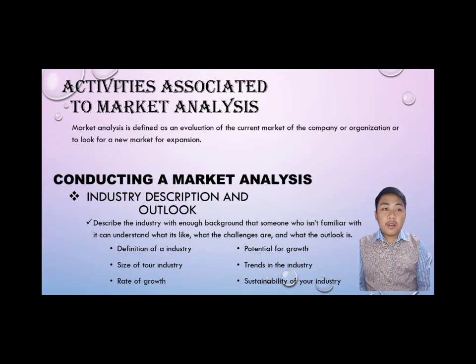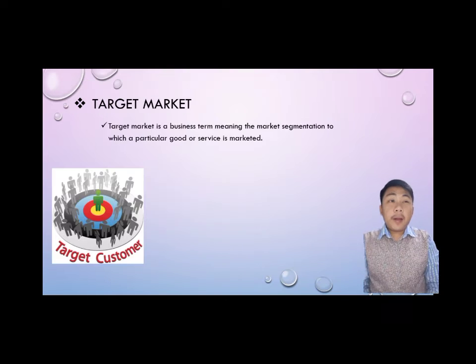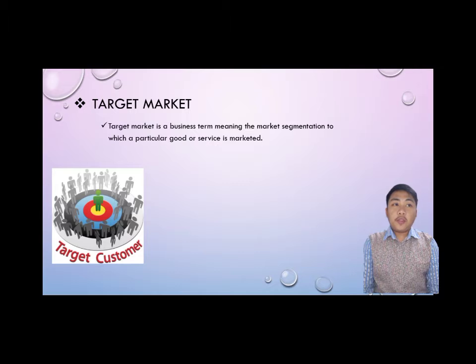Definition of the industry, size of your industry, rate of growth, potential growth, trends in the industry, and sustainability of your industry. Target market. Target market is a business term referring to the market segment to which a particular good or service is marketed.